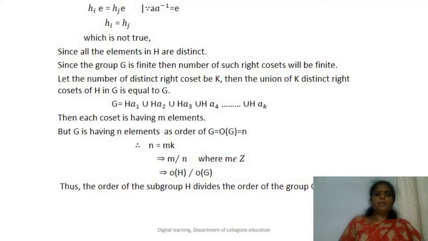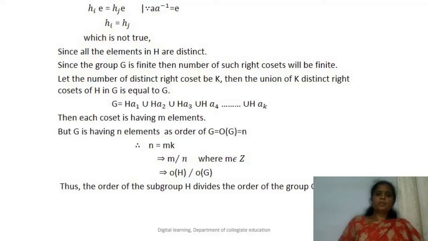The number of distinct right cosets is k. So let us take the union of all these distinct right cosets, that is Ha1 union Ha2 union Ha3 and so on, and let this be equal to G.